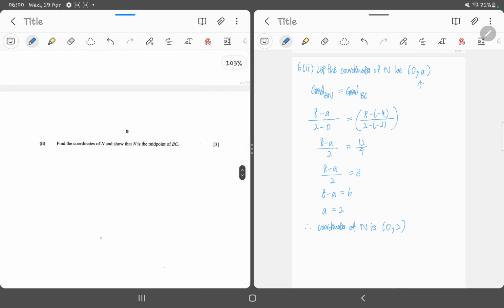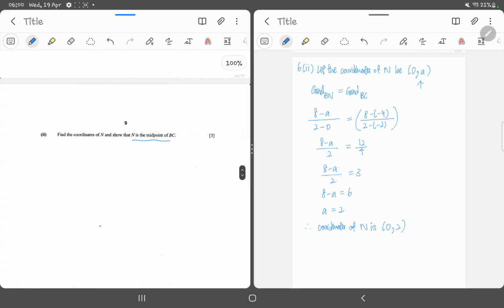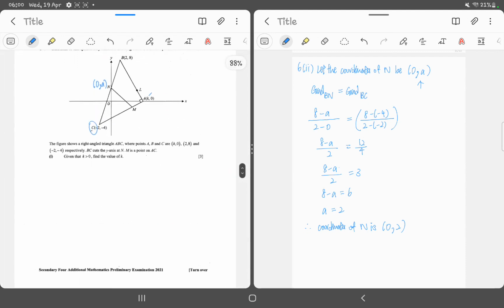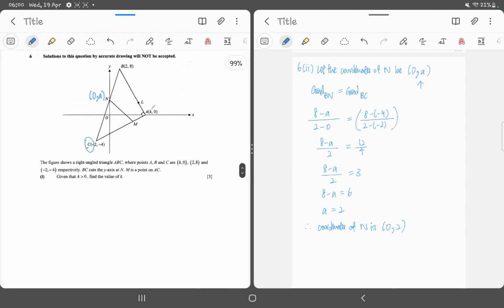Now we are required to show that N is the midpoint of BC. So how do we show it? Using the midpoint formula, let's find the midpoint of BC and show that it equals 0, 2.